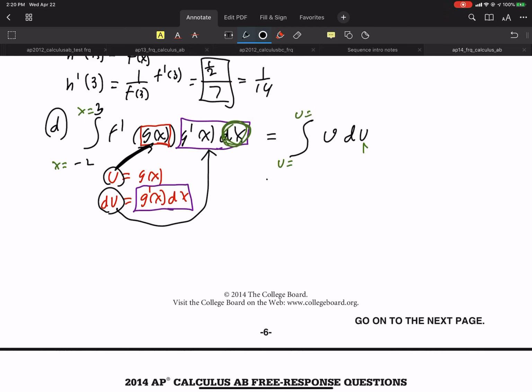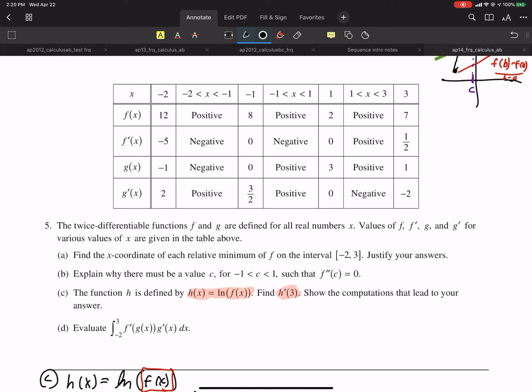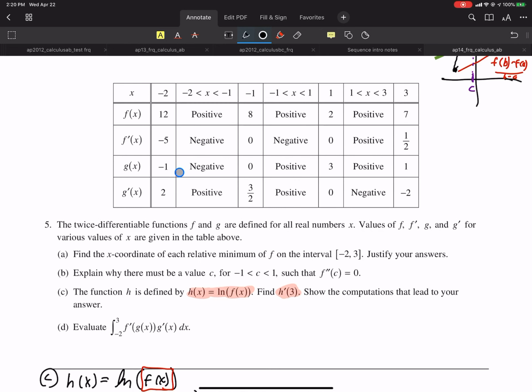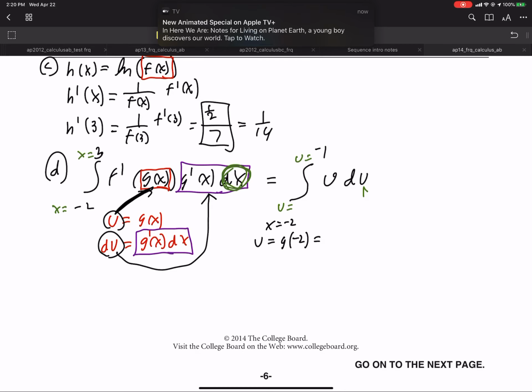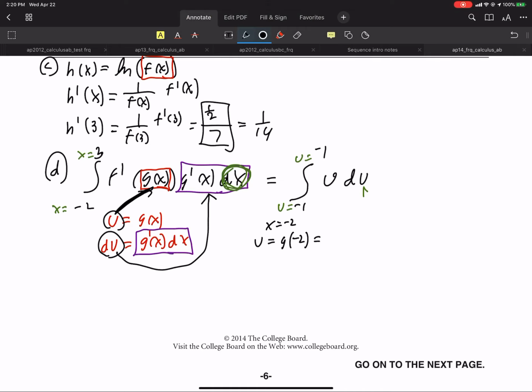So when x is -2, I solve for u. U is g of -2. Well, we look at our table. G of -2 is -1. I like that. Nice and simple. Okay, and then we have to check our other point. The upper bound is 3.